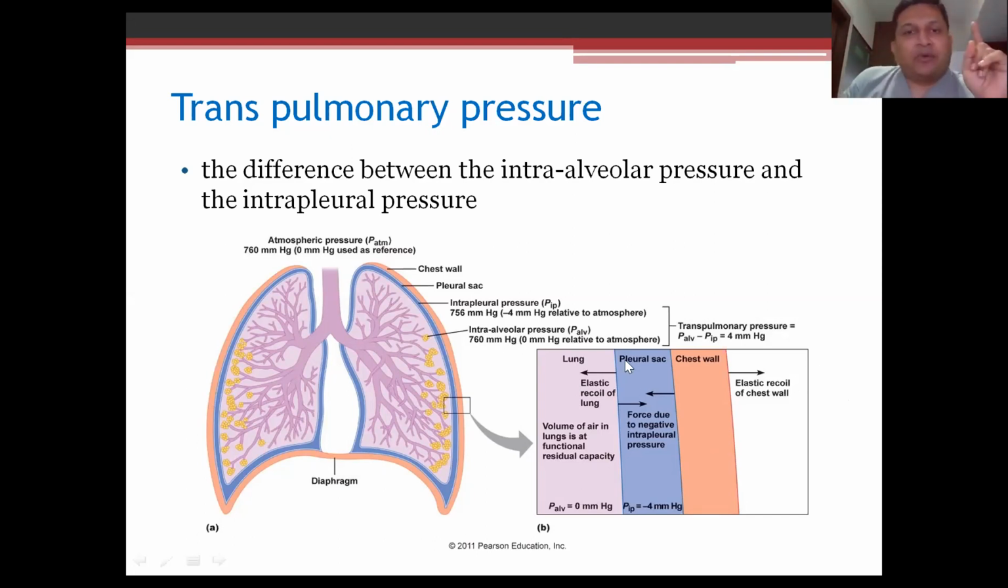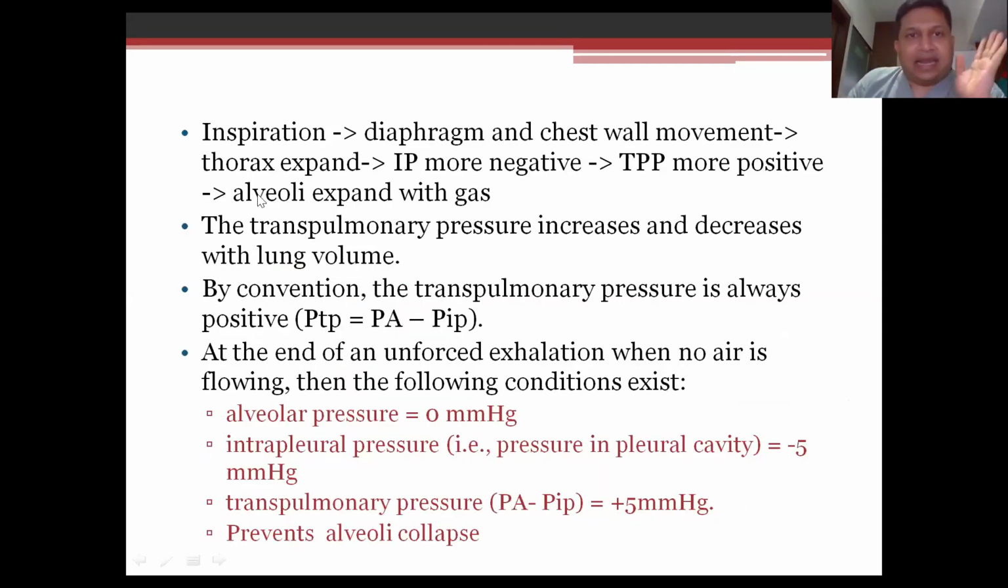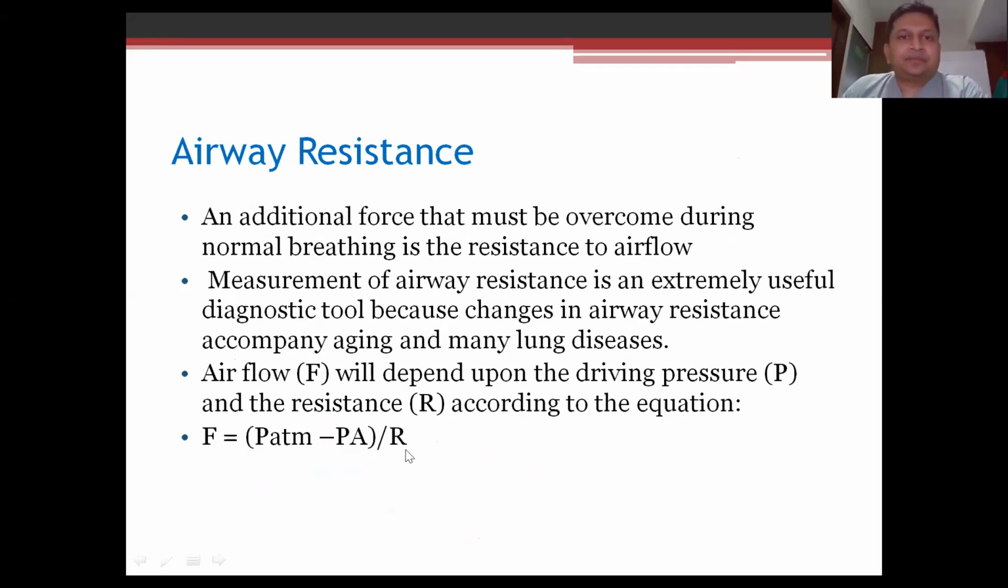So transpulmonary pressure will always be positive and intrapleural pressure will always be negative. When inspiration occurs, with diaphragm and chest wall movement, intrapleural pressure becomes more negative, transpulmonary pressure becomes more positive, and it will expand your alveoli, creating a pressure gradient and a movement of air. As I said, at the end of exhalation, alveolar pressure is 0, intrapleural pressure is -5, and transpulmonary pressure is +5. So it prevents alveolar collapse.